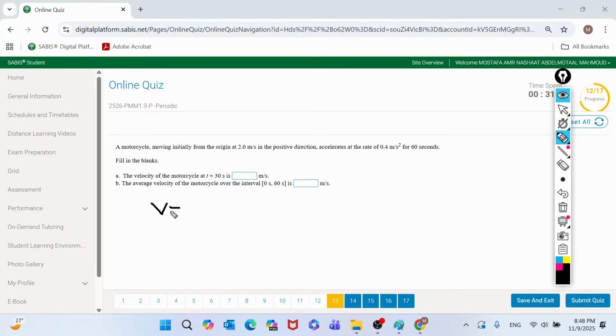So v equals at plus v0. So the velocity is equal to 0.4 times 30 plus 2. That's going to equal 14. So it's 14.